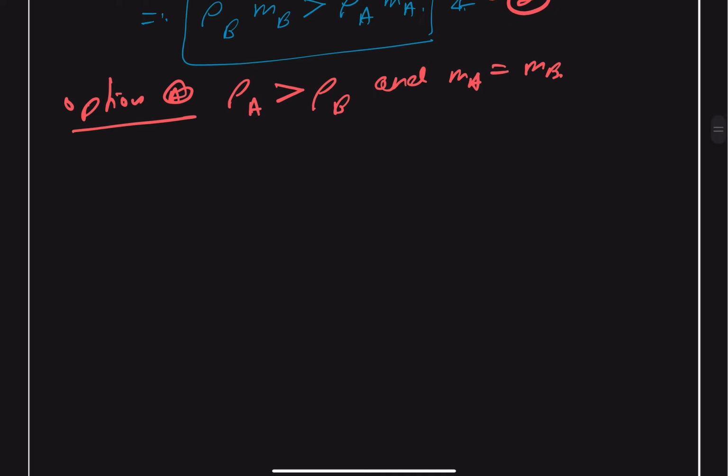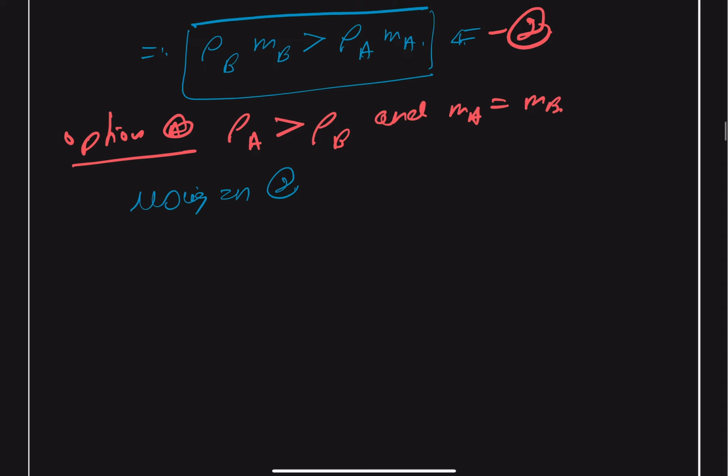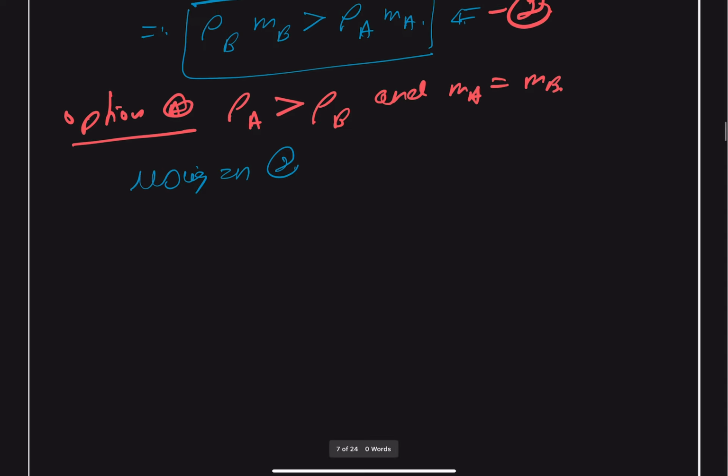Using equation 2, if we substitute, we are given rho A is greater than rho B and MA is equal to MB, and if you make a comparison from equation 2, this solution option A is incorrect.